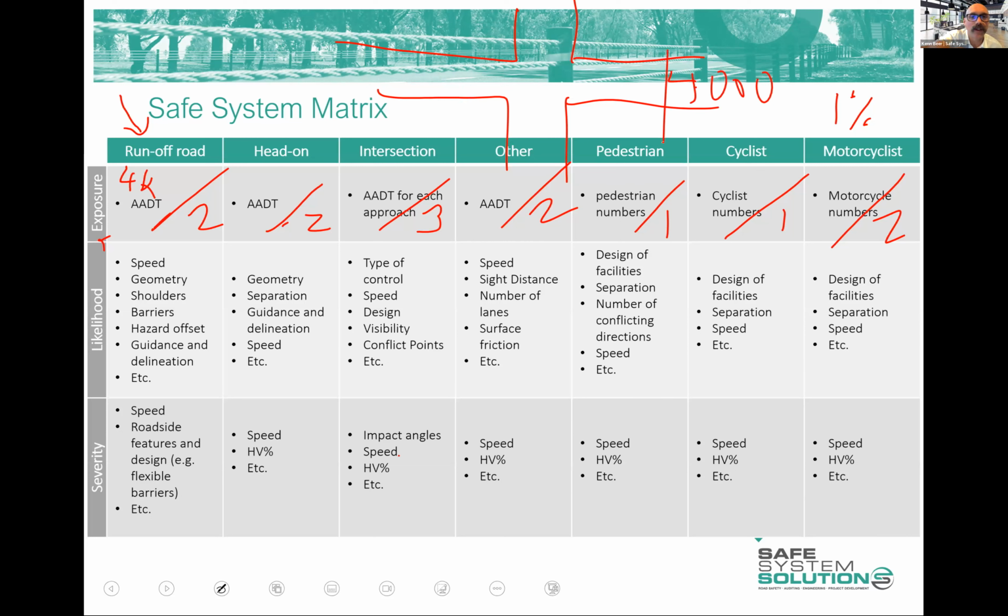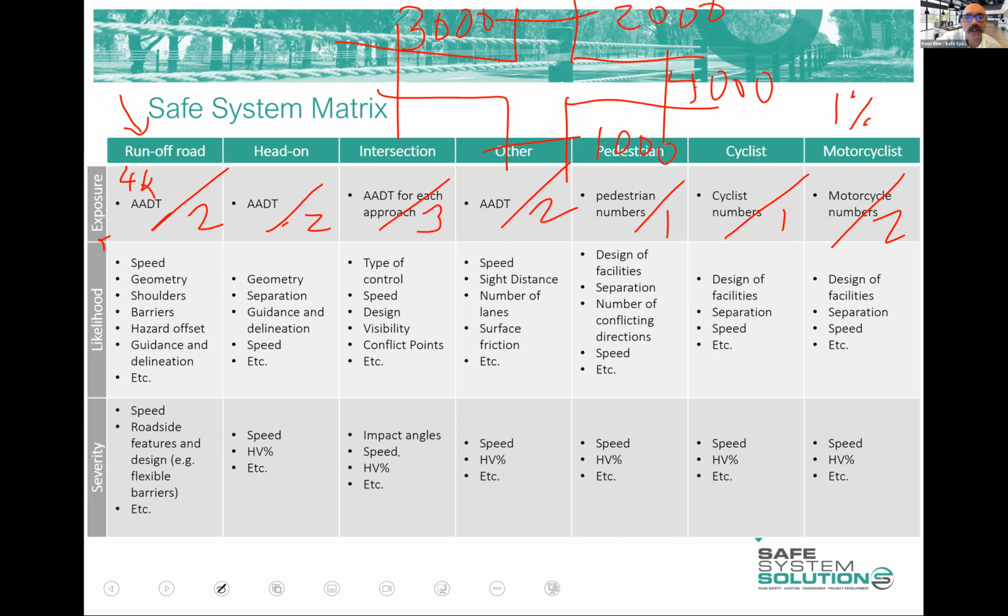If you had a traffic count on each of the other legs, which you may or may not have, it starts to get a bit complex here, with some vehicles turning.